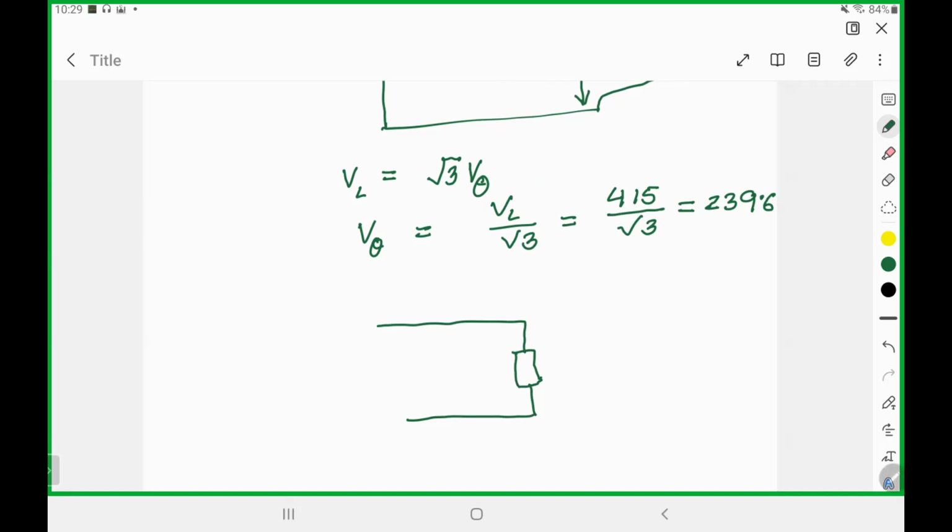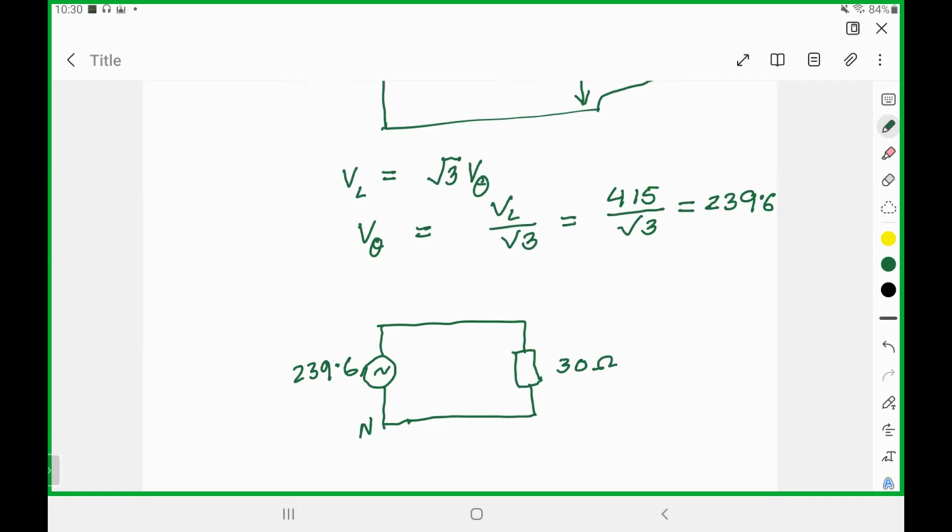So this is my 30 ohm resistor, and this is my neutral I am drawing here. And we identify that this voltage, that we have calculated, will be 239.6, right? So instead of having three phases, we have simplified it with a single phase, okay?